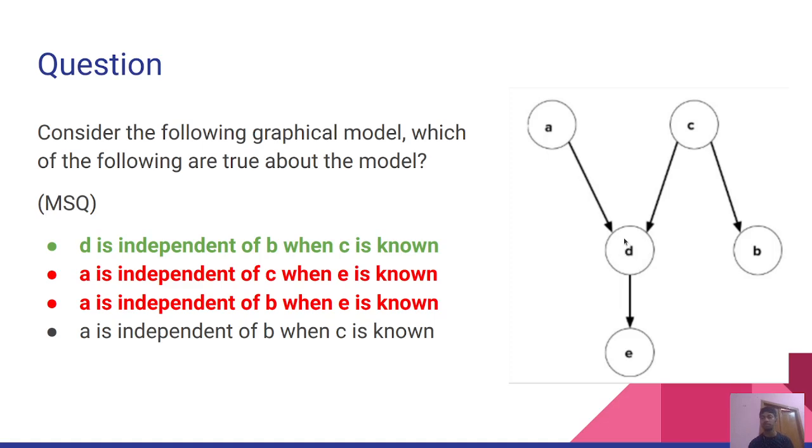A is dependent on D, D is dependent on A, and B is dependent on D. So this is dependent and this is also dependent. So by the dependent transitive relationship, we are seeing that A is dependent on B.